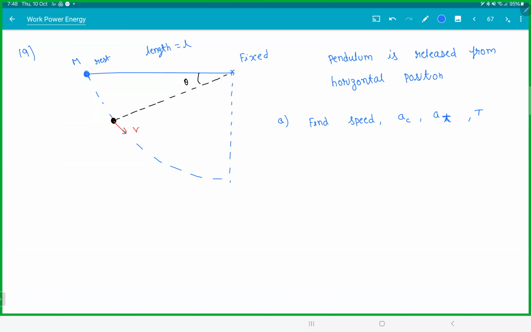Calculate the tension also, when it rotates by theta. Gravity is there anyway. Second question, find theta when A net is horizontal.